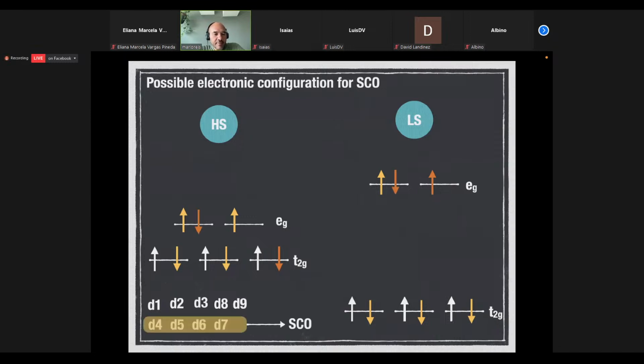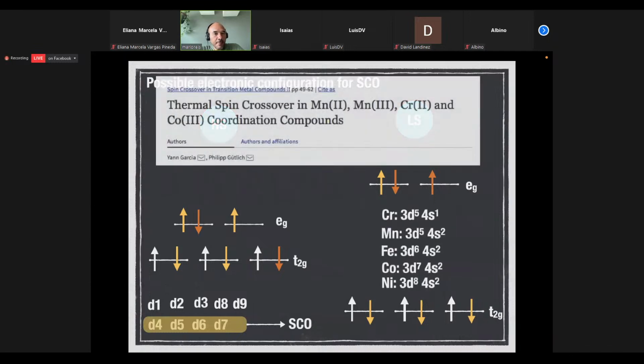D9 either. To summarize, the electronic configurations that can suffer spin crossover are D4, 5, 6, and 7. Examples, ions of chromium, manganese, iron, cobalt, nickel, etc. Okay.